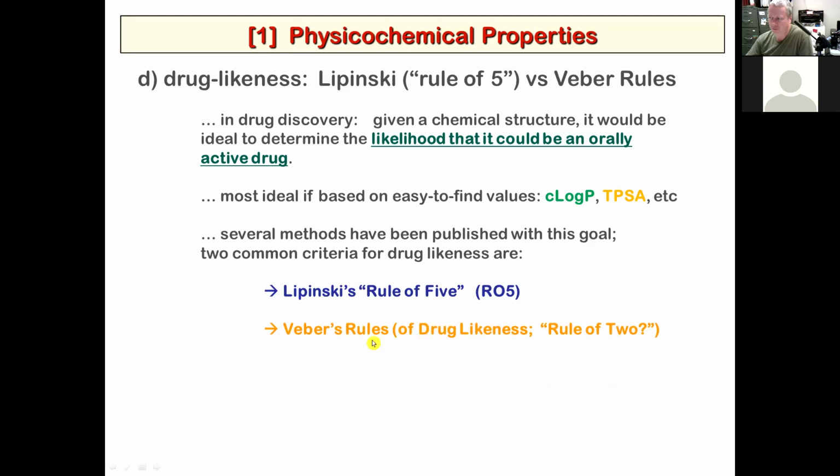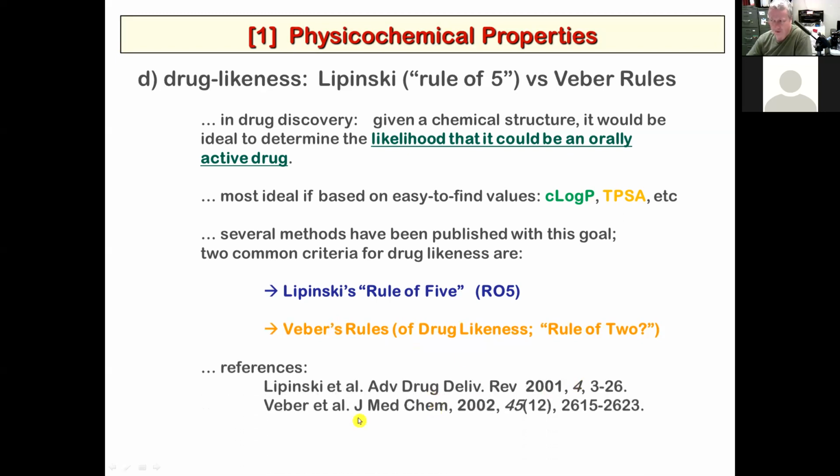The Weber rules of drug likeness, it's maybe the rule of 2 because there's only 2 criteria to worry about. Works well also. Sometimes people use both rules just to triage a molecule. If it obeys both rules, that's probably a good sign that it might be a good drug.